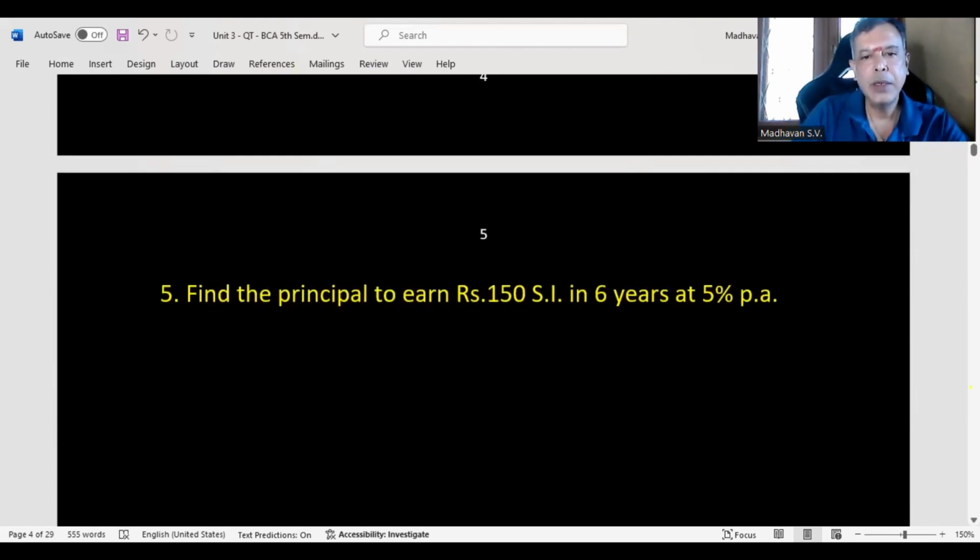Find the principal to earn rupees 150 simple interest in 6 years at 5% per annum. So we know simple interest is P into N into I, which means principal will be SI divided by NI.